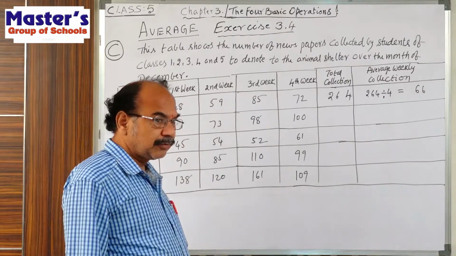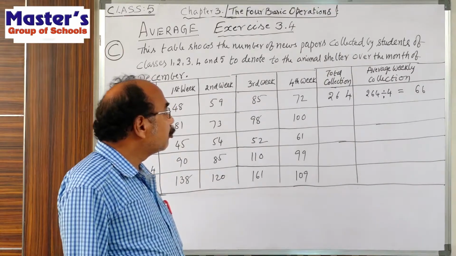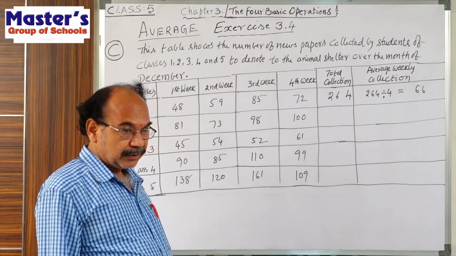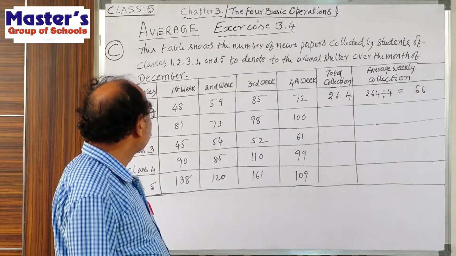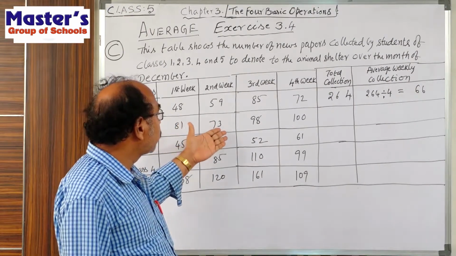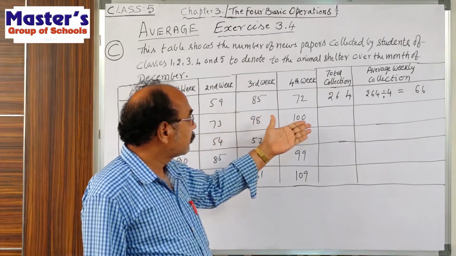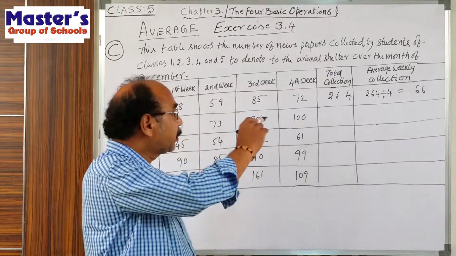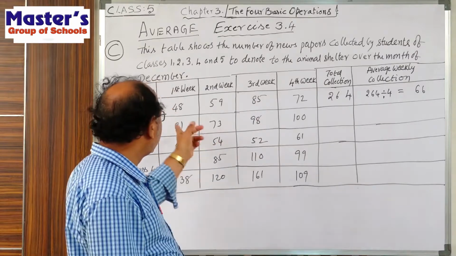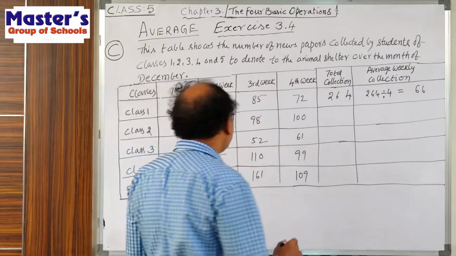Second class children, they collected newspapers. Weekly collection, observe. First week 81, second week 73, third week 98, fourth week 100. Total collection in all the 4 weeks. Add.